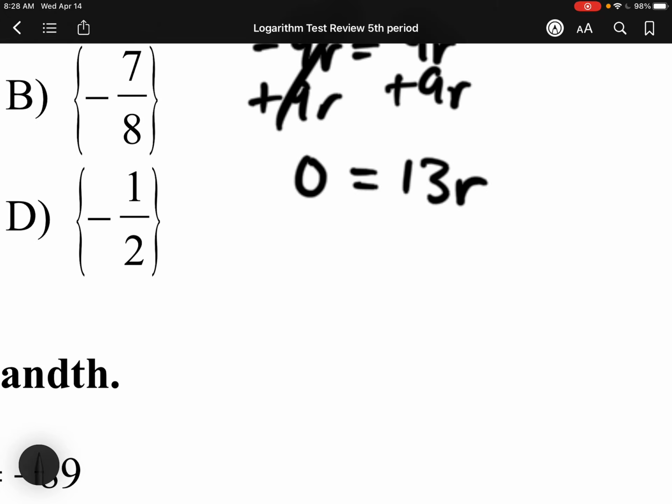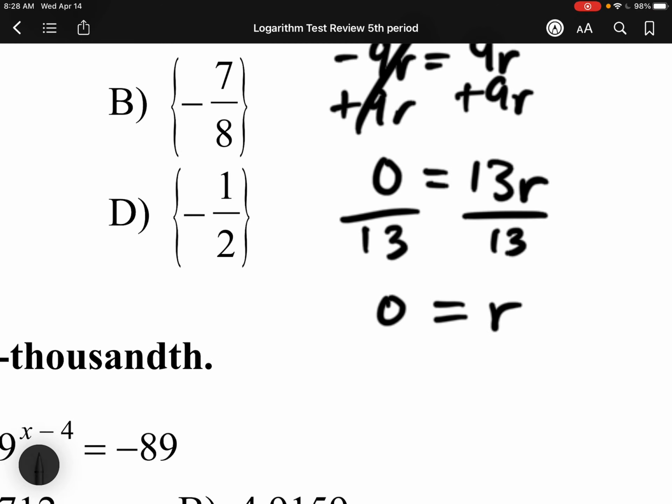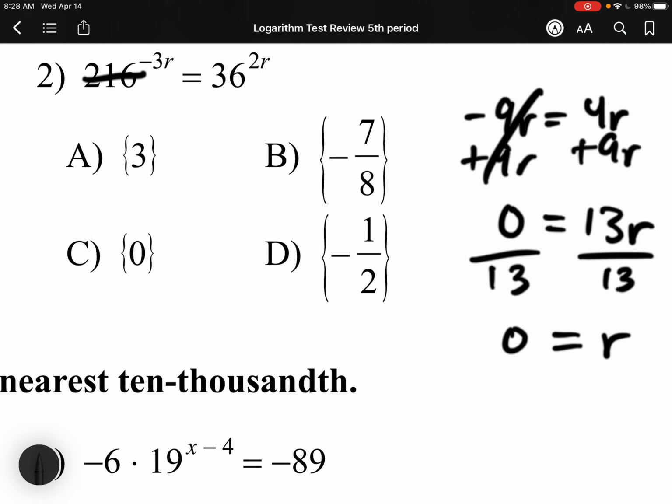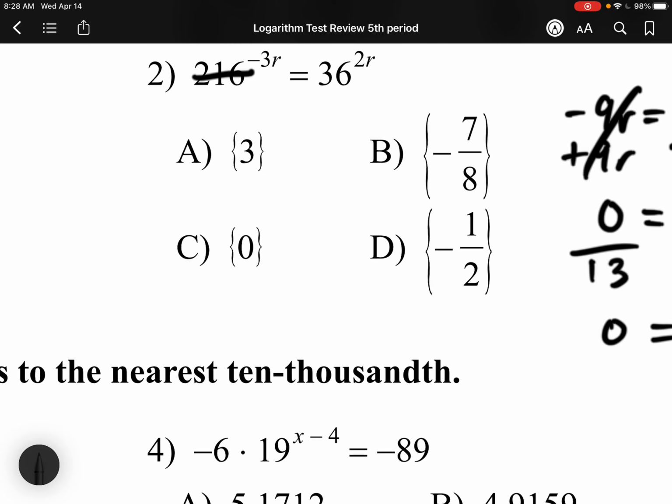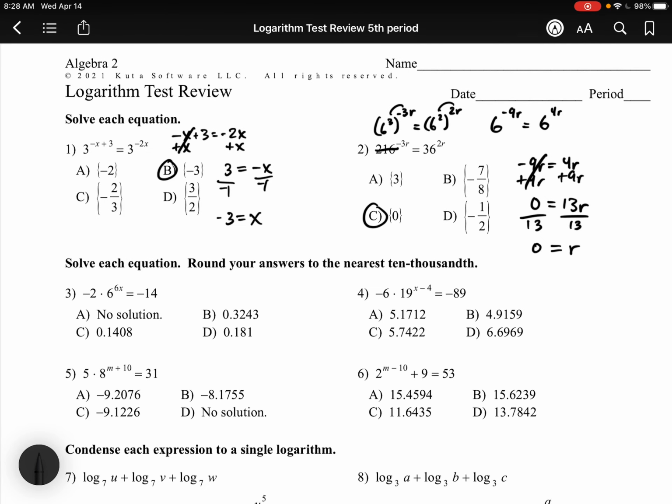So now again, we're solving for r, so we have to get rid of this 13 right here, and we're going to do that by dividing both sides by 13. 0 divided by 13, or 0 divided by any number, is always going to be 0. So we get 0 is equal to r. So now that means our answer is C, which is 0.